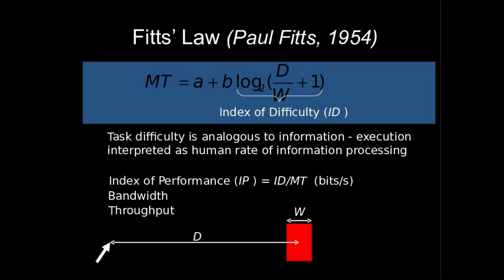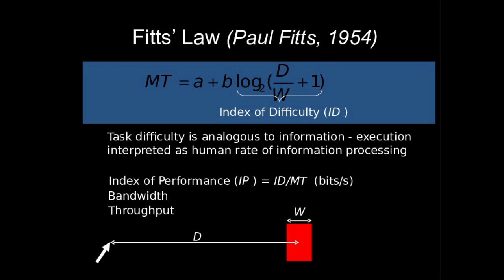Now, what is the information capacity? The slope of the equation, that is ID by MT, or the inverse of the slope, is known as the index of performance. It is also known as the bandwidth and throughput.